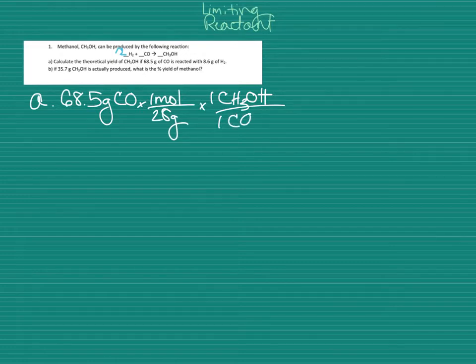Now, if you wanted, you could stop there in order to figure out your limiting reagent. I suggest, since you might have to do it anyway, that you carry on and you also include the final step of getting the mass of the methanol. So the molar mass of the CH3OH is 32.